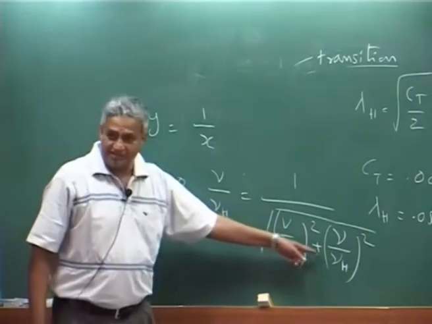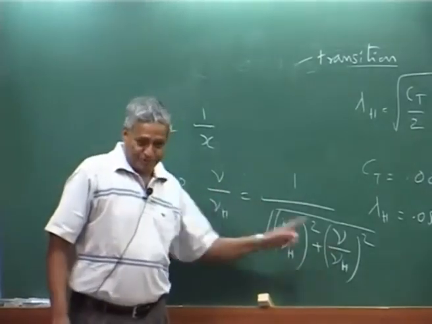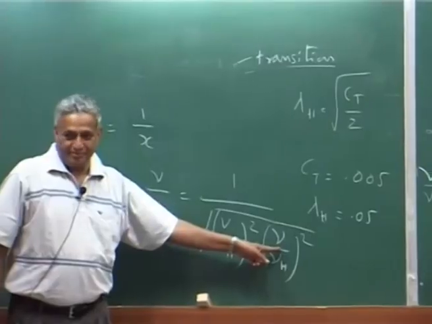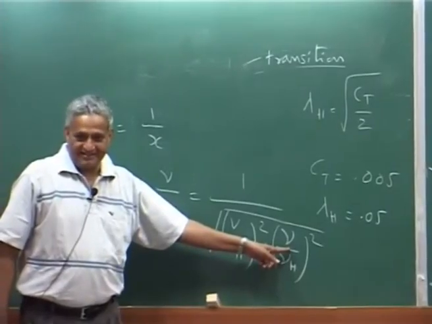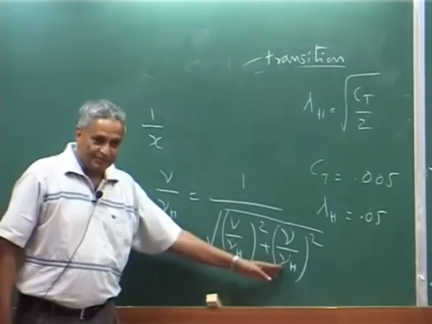But this I cannot directly solve because nu is on both sides. I have to do it iteratively. Is it clear? Because nu over nu h is on the right hand side also.